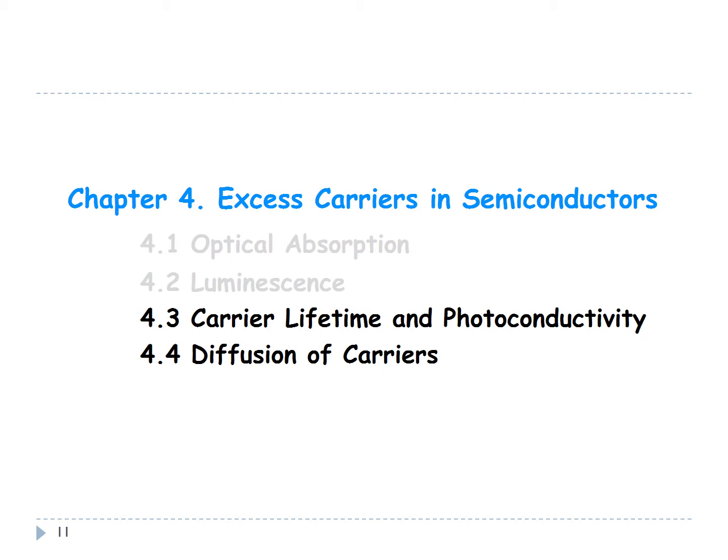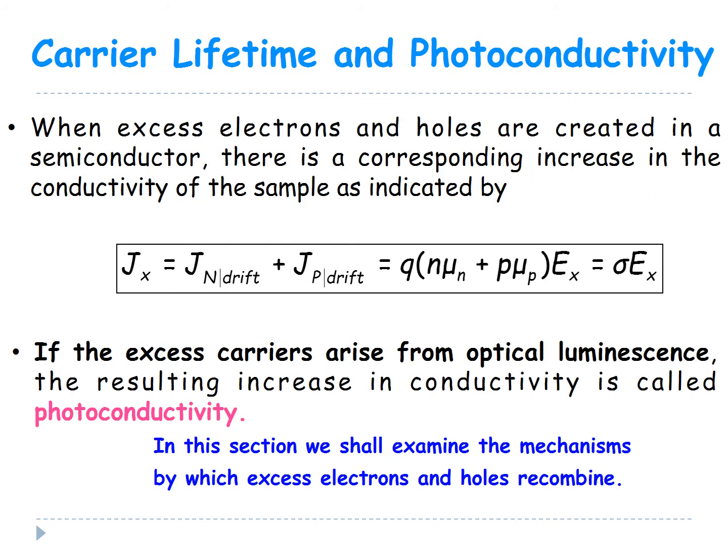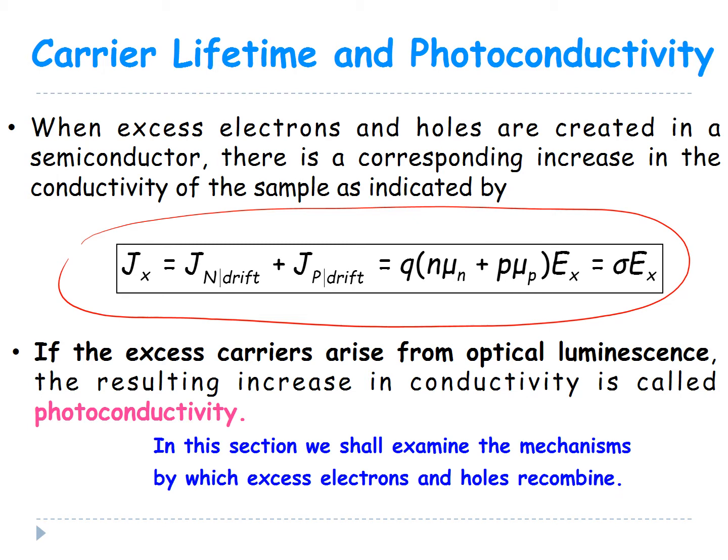Now let's look at carrier lifetime and photoconductivity. When excess electrons and holes are created in a semiconductor, there is a corresponding increase in the conductivity of the sample, as indicated by this equation here. In simple terms, we know that Jx is equal to sigma Ex.